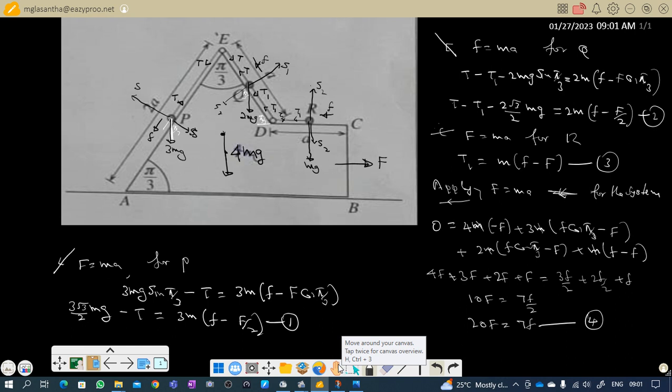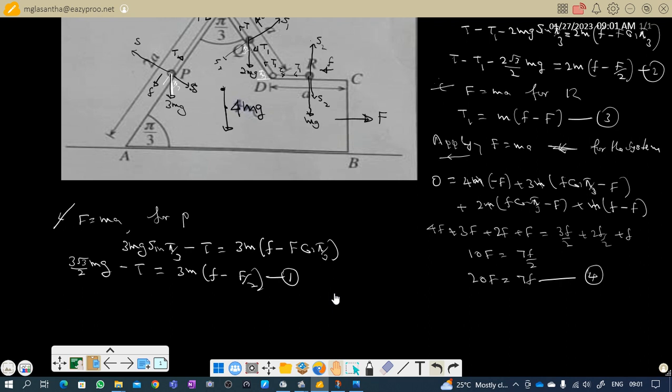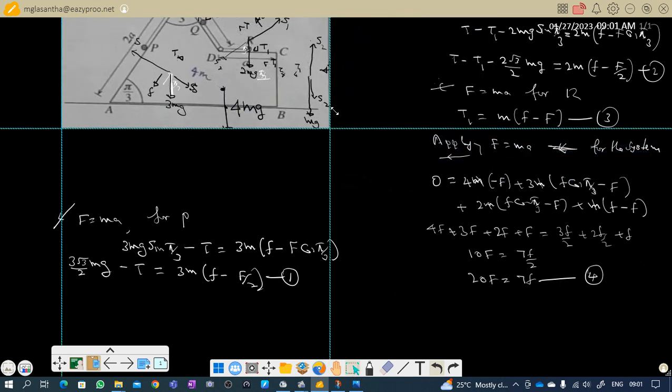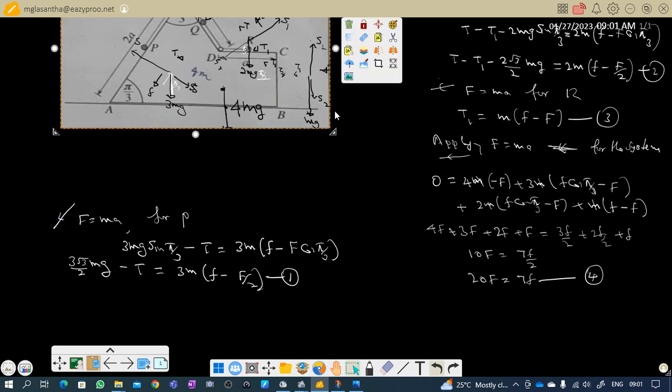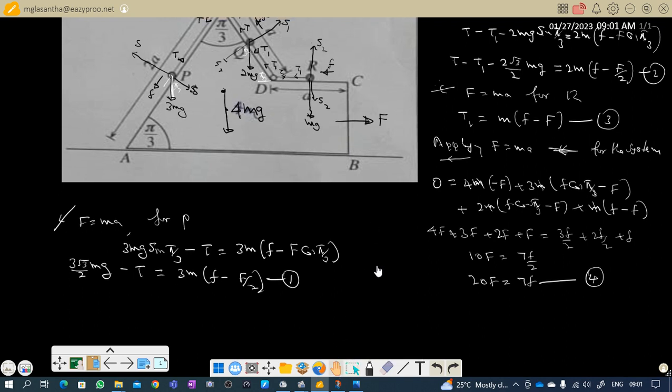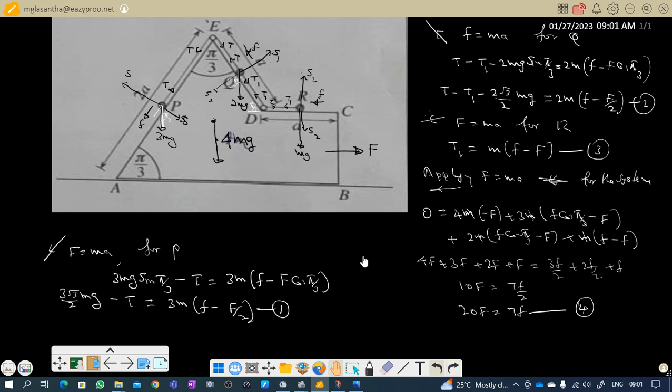Now using this equation you can calculate acceleration, simple f. Once you calculate simple f, then you can calculate the time. When the particle Q moves, Q reaches E, then distance traveled by Q is a by 2.